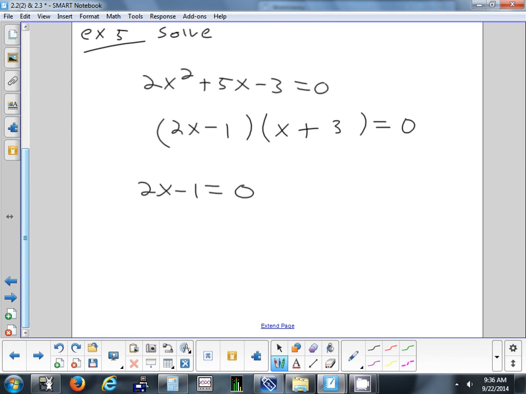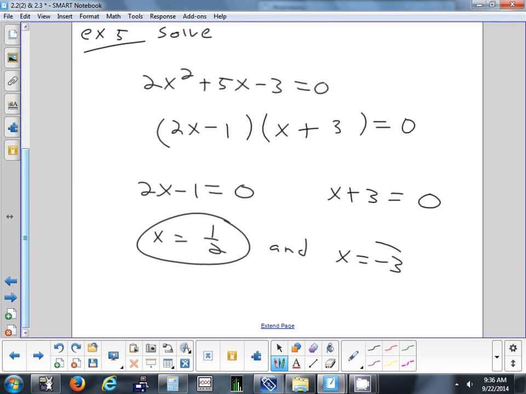That means either the first one is 0, or the second one is 0. So we're going to get two answers. X equals a half, and x equals negative 3.